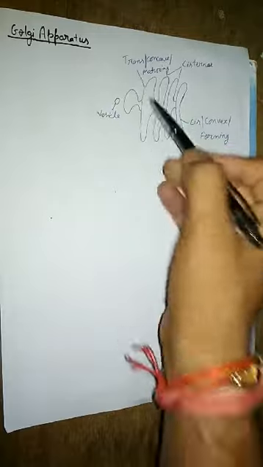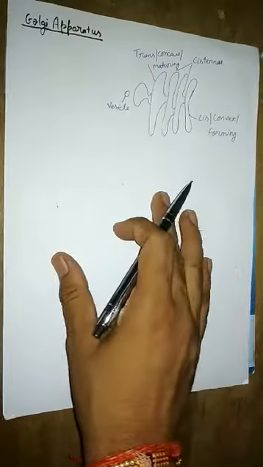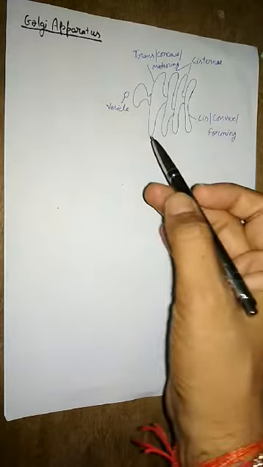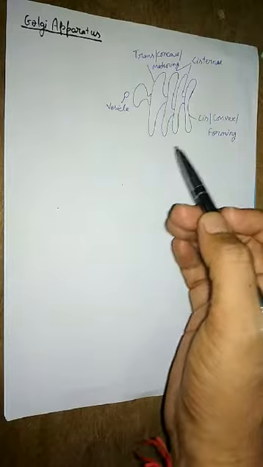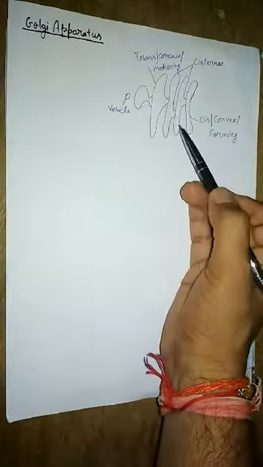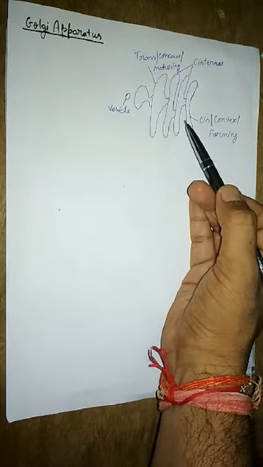Before I discuss these two phases, you should know the function of the Golgi apparatus. The chief, or main, function of the Golgi apparatus is packaging. Whatever packaging is done inside a cell is done by the Golgi apparatus.